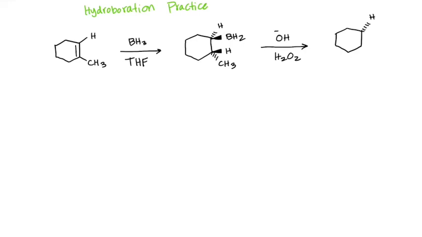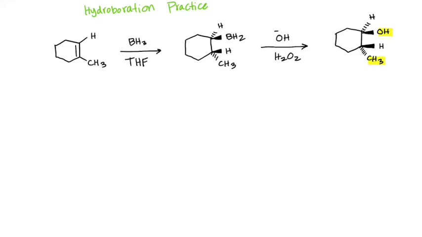And then retention of configuration happens, nothing changes, and you'll have the methyl and the hydrogen to the back, and the OH and this new hydrogen on this side. So notice how the OH and the CH3 ended up on opposite sides to each other. So this one was an example with stereochemistry involved.